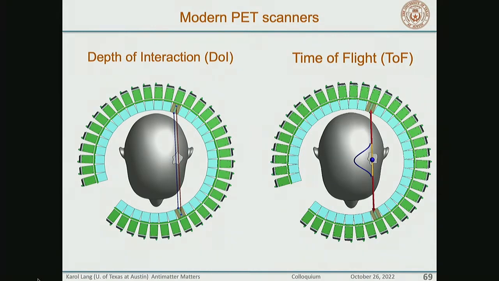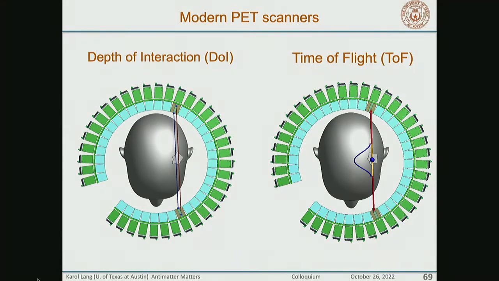Time of flight provides a crisper and, with fewer statistics, better reconstruction of the image, because you know more or less which region of this line of response, as it's called, the photons were coming out of. There's another holy grail in this business, which is called depth of interaction.